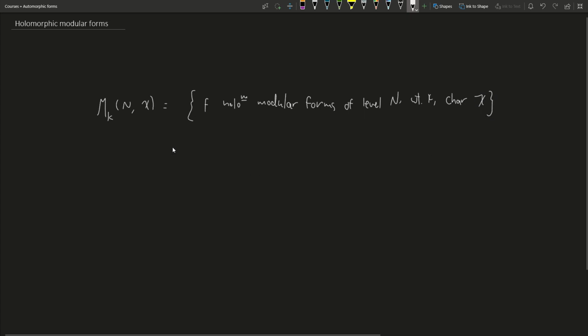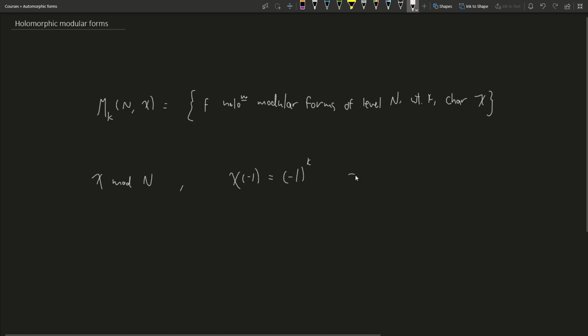And we already mentioned that chi has to be a character mod n, because otherwise the notation chi of gamma is not a character of gamma naught n. But there's another condition, which is that chi of -1 has to be equal to (-1) to the k.